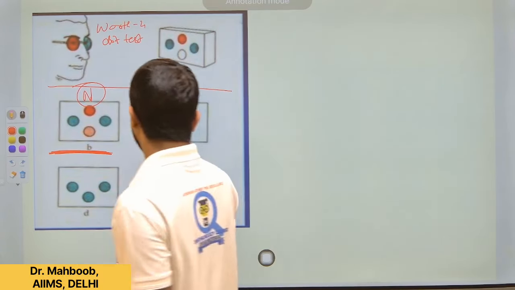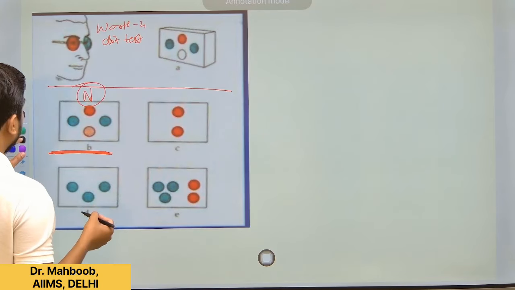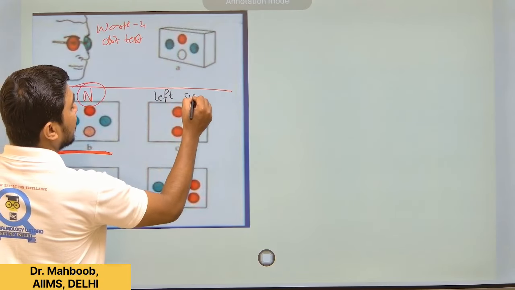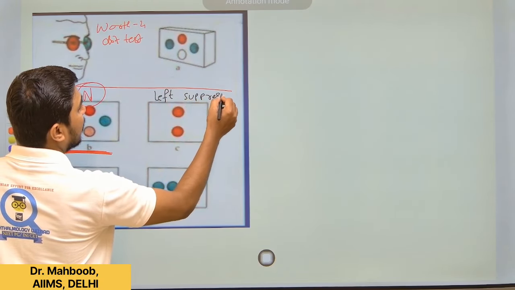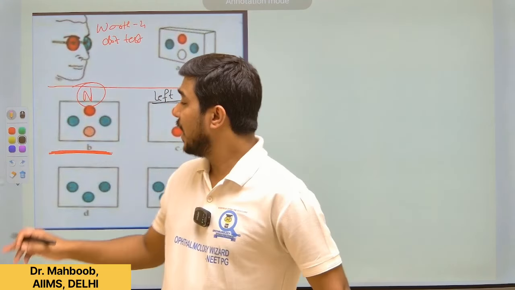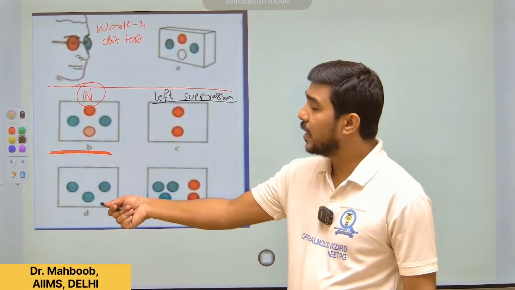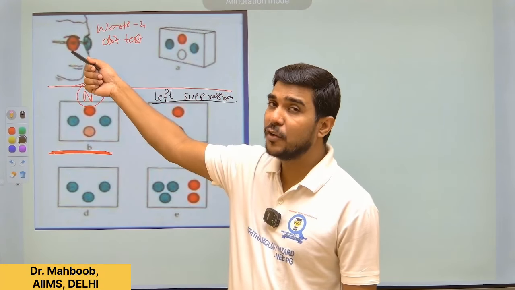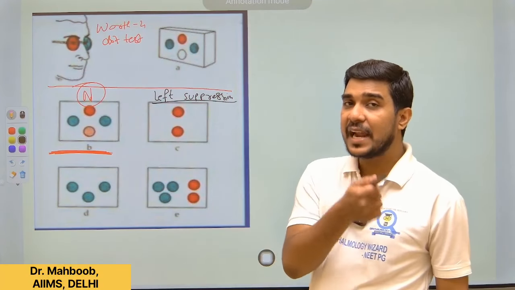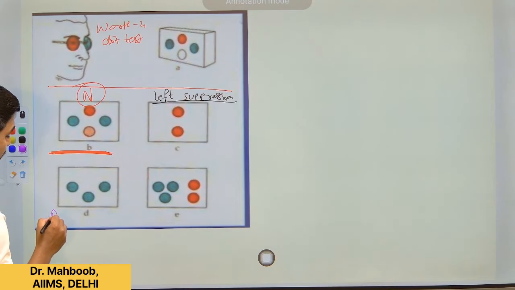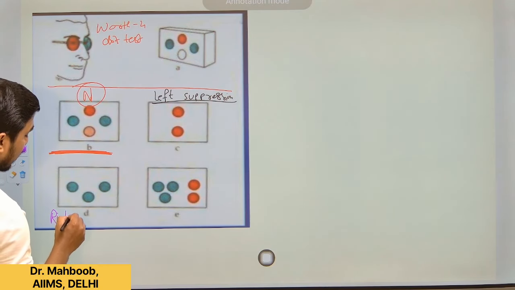So when there is no green light, it means left suppression. Similarly, here there is no red light. That means the right eye is not forming an image, so the right eye is suppressed. So here, right suppression.